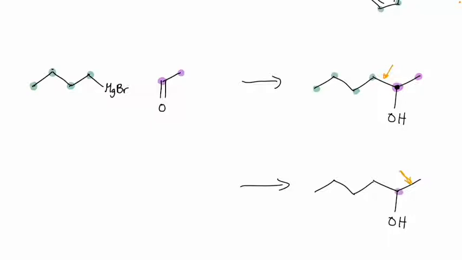That means that these 1, 2, 3, 4, 5 would be my aldehyde, and this 1 carbon would be my Grignard. Right, so either one of those I could use to create this alcohol using my Grignard reagent method.